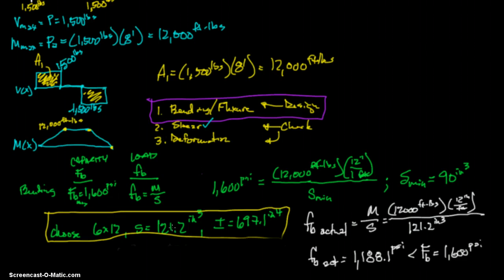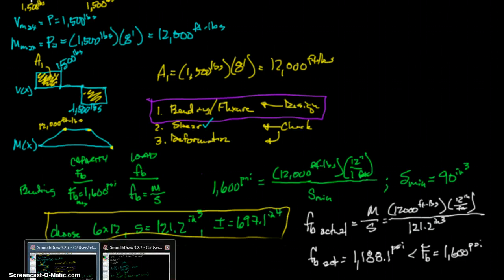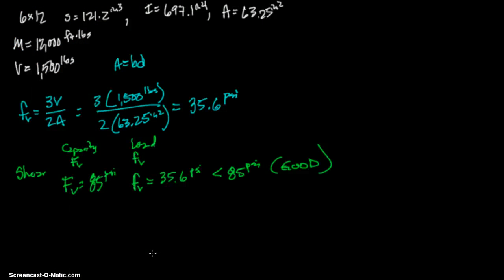Now we're going to do deformation. How much is this going to deform? And you can go back to that simple beam, 2 equal concentrated loads, symmetrically placed, equation number 9. Go up to page 49. Remember, these are in your steel book as well.